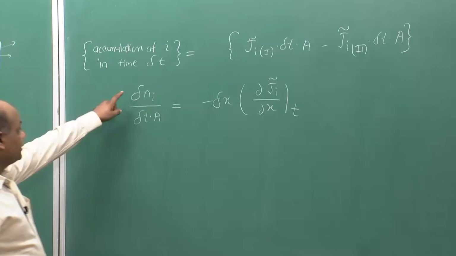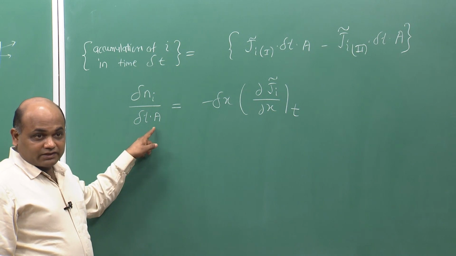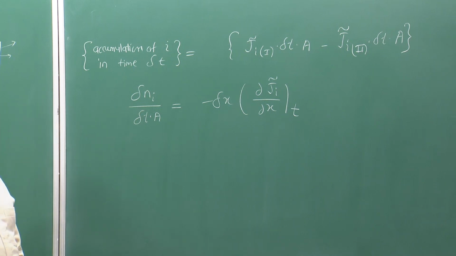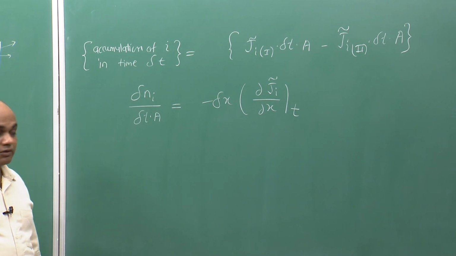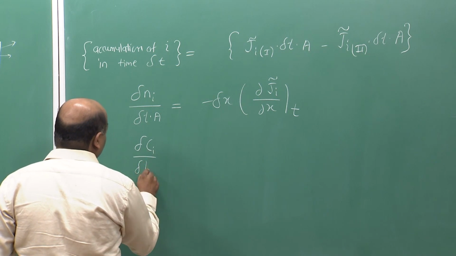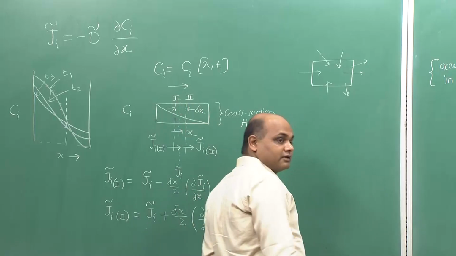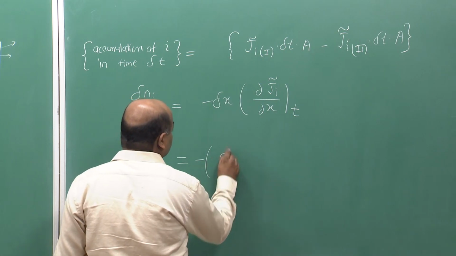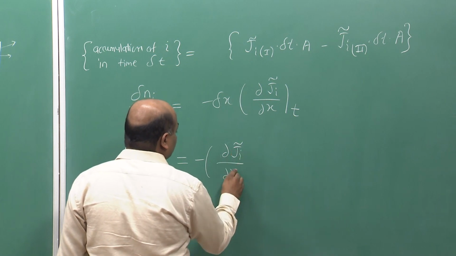So, delta N I by volume is nothing but the concentration in the units that we usually use, moles per centimeter cube or number of atoms per centimeter cube, whichever unit N I is expressed in. So, that becomes delta C I by delta t, and I am considering this at location x here, which should be equal to minus dou J I tilde by dou x at t.